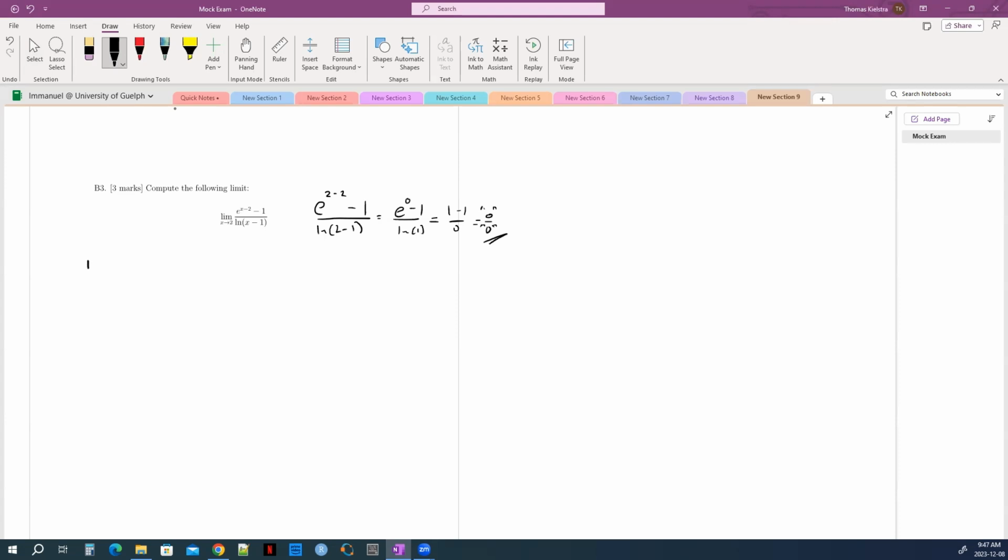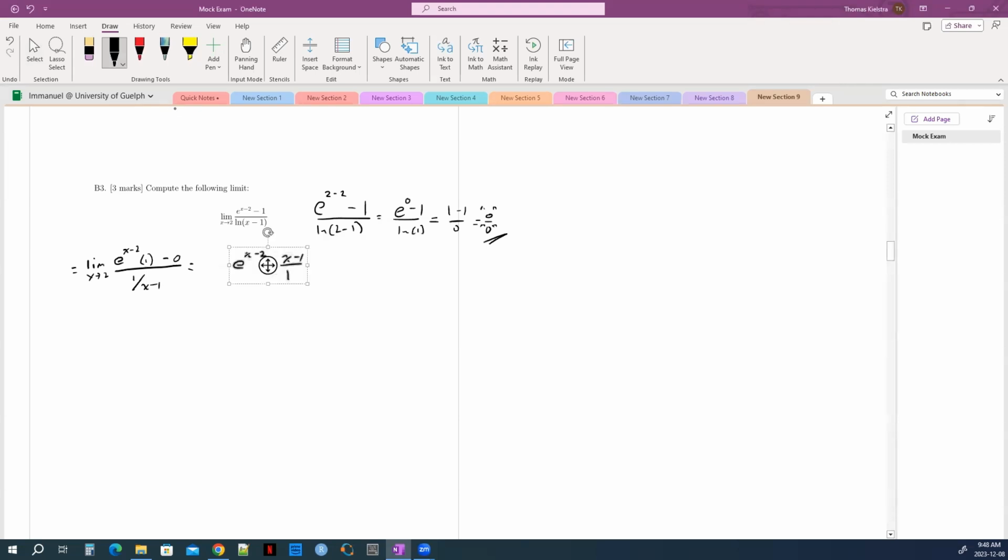This is going to be equal to the limit as x approaches 2 of the derivative of the top divided by the derivative of the bottom, or e to the x minus 2 times 1, minus 0, over 1 over x minus 1, which equals e to the x minus 2 times x minus 1 over 1.